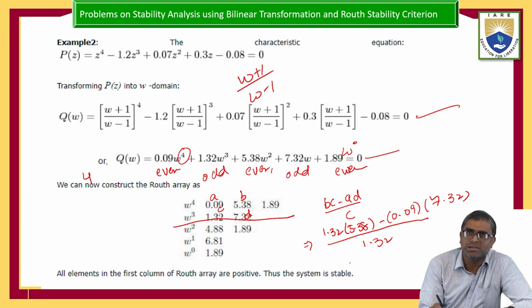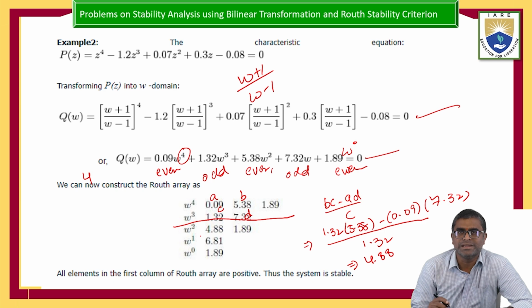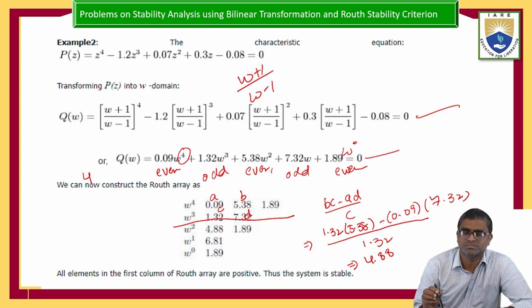Calculating this, we get 4.88. Completed.